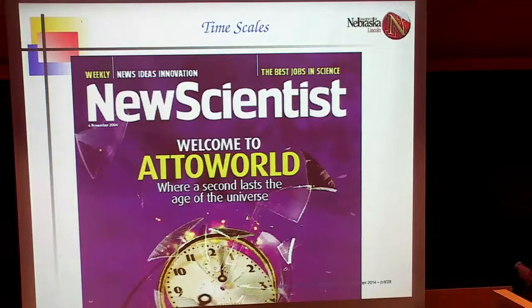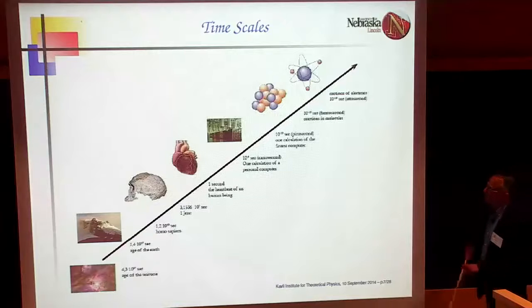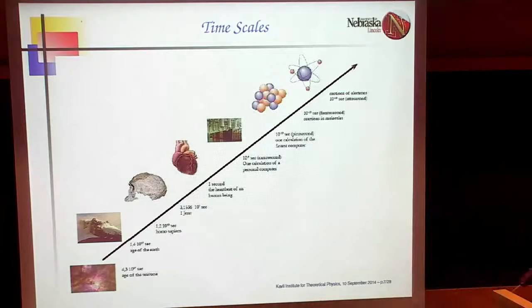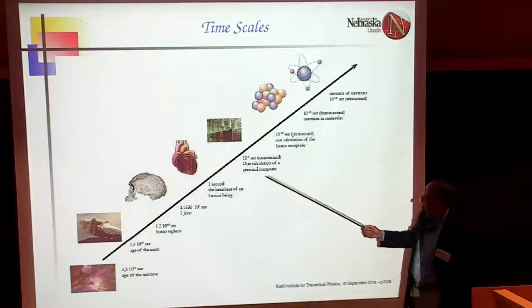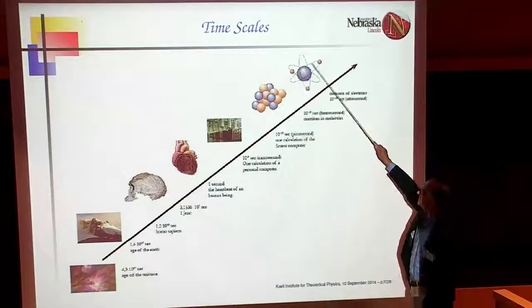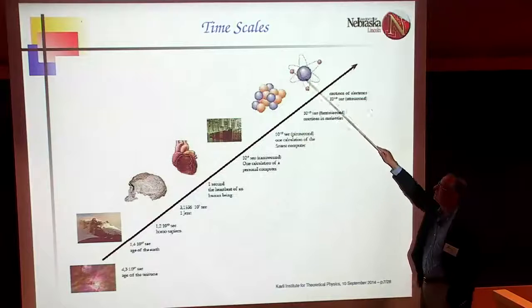I know you can't read the subtitle. This is from Reviews of Modern Physics, a review of attosecond physics. But I just want to focus on the timescales here. Here's an electron going around a nucleus.